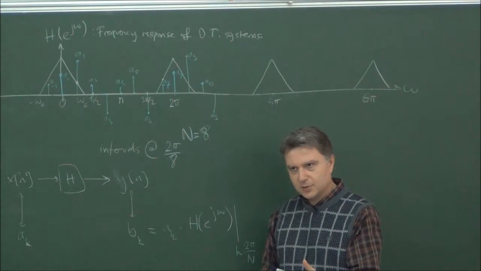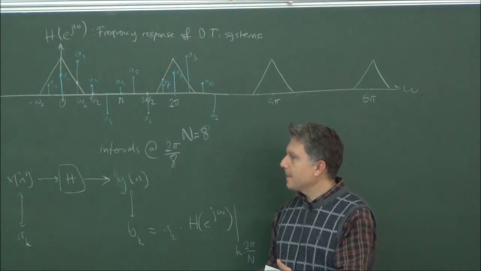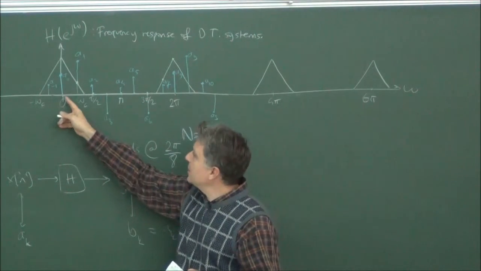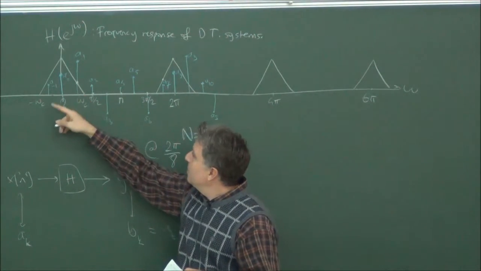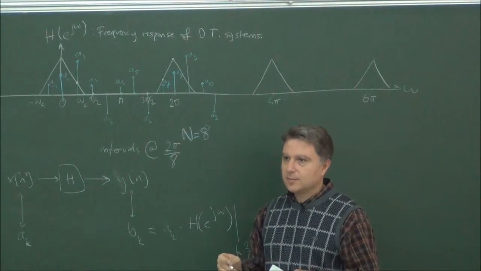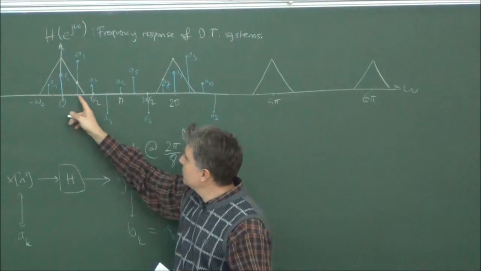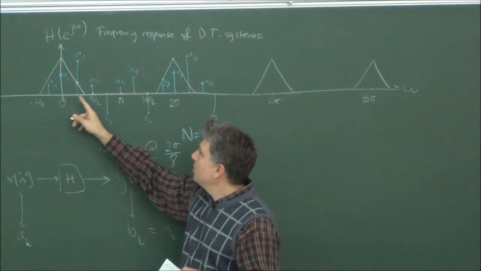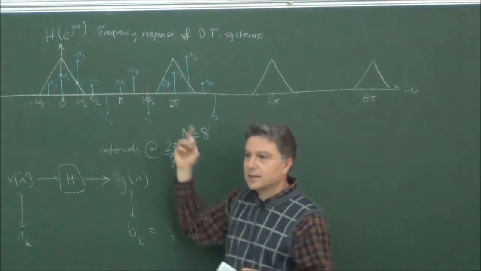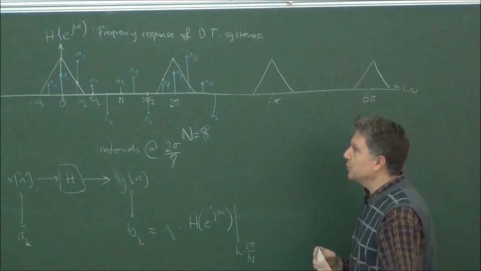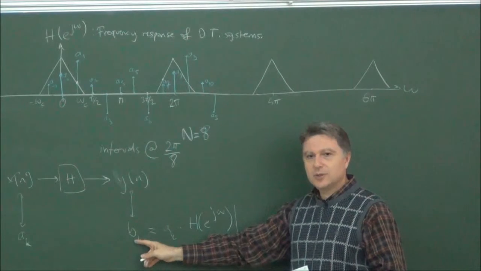From those Fourier series coefficients, you will multiply each coefficient with the h of e to the j omega function at the corresponding frequencies, of course. For example, here again, it's minus pi over 4, 0, pi over 4, pi over 2, etc. And you will get an output, a suite of bk's.